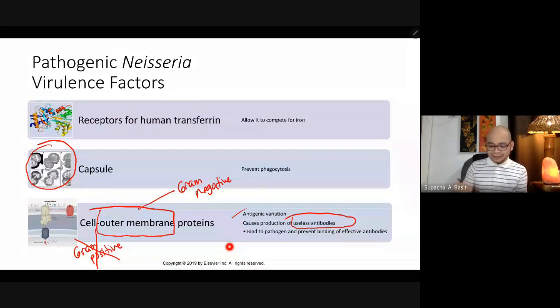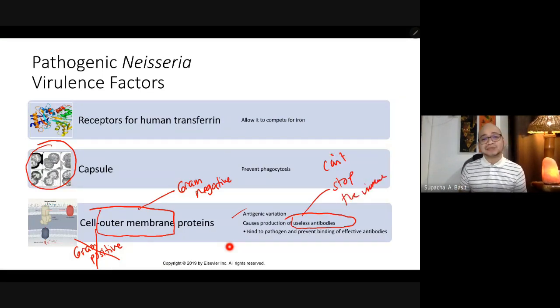Why useless? Because they can't stop the virulence of Neisseria. That's why the author says the antibodies produced against outer membrane proteins are useless antibodies.